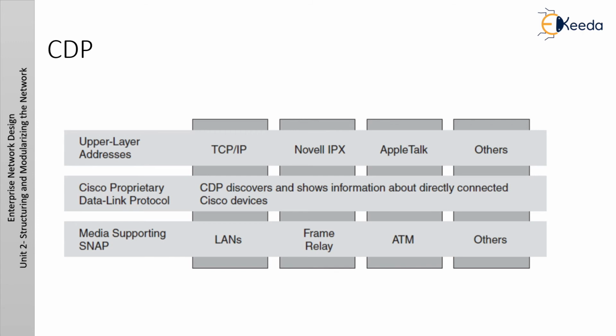So here you can see the upper layer addresses, Cisco proprietary data link protocol, and media supporting SNAP, and protocols like TCP/IP, Novell IPX, AppleTalk and others. Cisco proprietary protocol CDP discovers and shows information about only directly connected Cisco devices and media supporting SNAP, that is LANs, Frame Relay, ATM, and others.